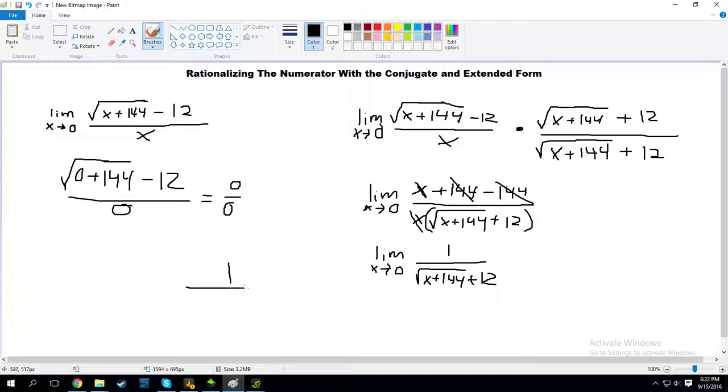Over here it would be 1 over the square root of 0 plus 144 plus 12. Now, the square root of 0 is 0, the square root of 144 is 12, so what you're left with is 1 over 24. And this is your limit.